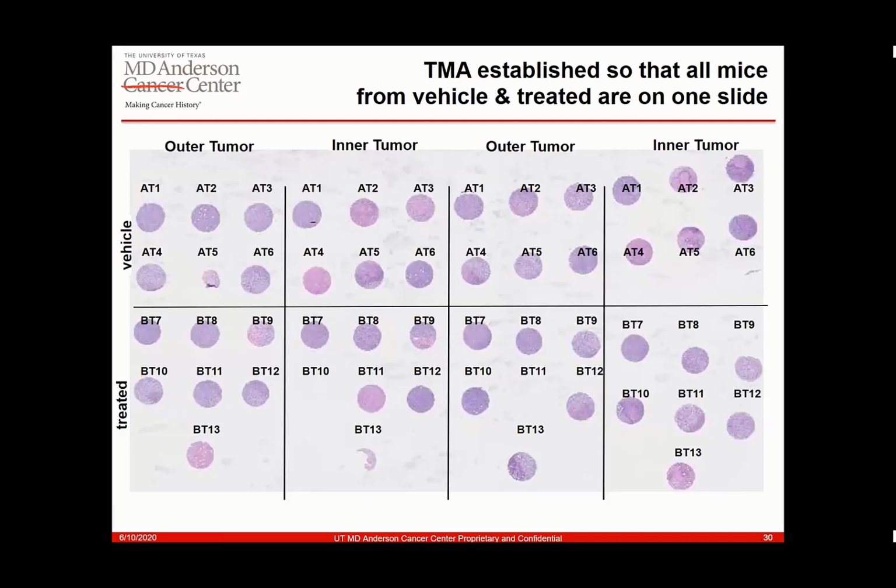We didn't have a core do it. All the mice from vehicle and treated are now on one slide, and they're set up so that we can identify which is which.